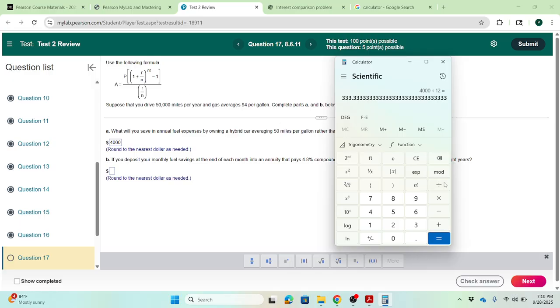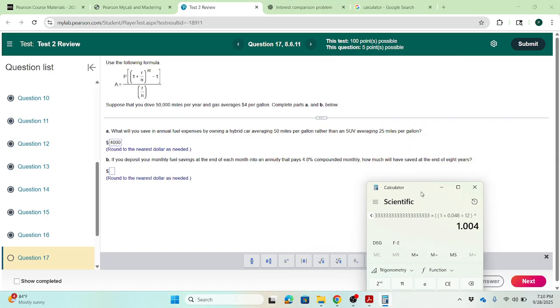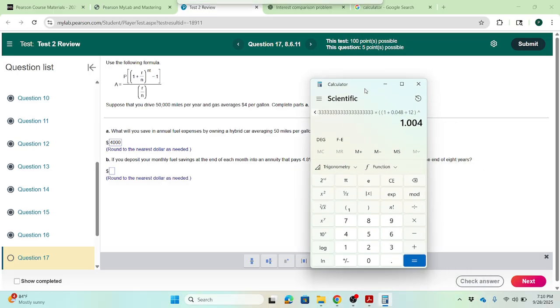It's P times parenthesis 1 plus the rate, 0.048 divided by 12, close parenthesis, to the power of n times t. 8 years means 8 times 12, which is 96, minus 1, close parenthesis, divided by the rate, 0.048 divided by 12 because it's monthly.